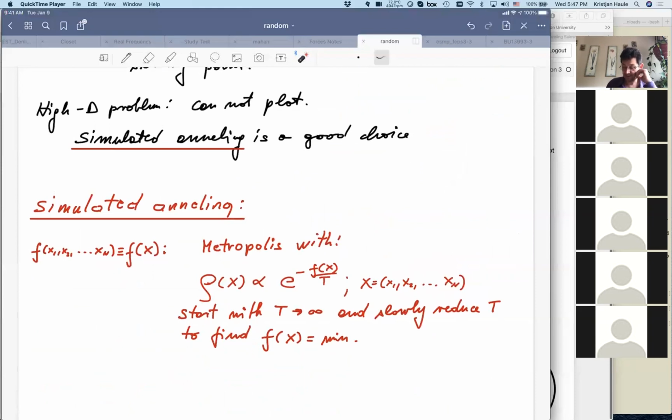So I already explained last time that the idea of simulated annealing is actually very simple. In this, we again have a very high dimensional function. So of course, this is not useful when you have a 2 or 3-dimensional function.